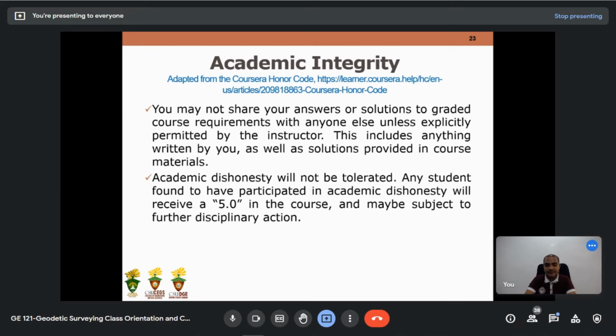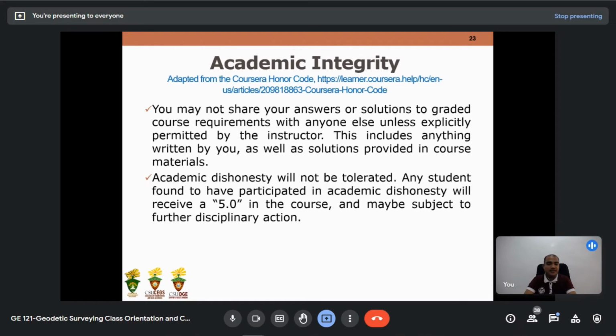So we have mga students, no, na nasampulan ani, no, for academic dishonesty. Wala ka pa dayon og geodetic engineering course tungod sa academic dishonesty. Actually, tulo or duha na nasampulan ani.